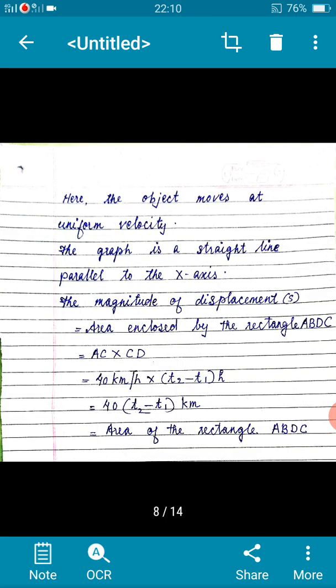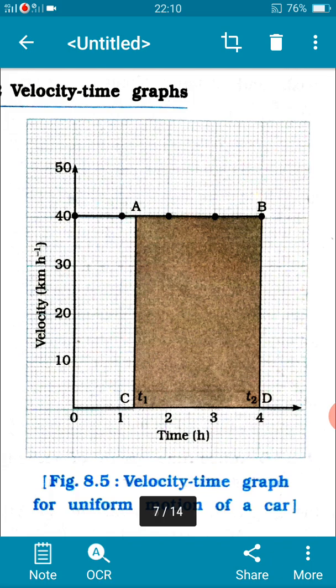Okay. From this, you can see the object, as I told you, is moving with uniform velocity because the velocity is not changing, it's remaining at 40 only. And we have seen that the graph is a straight line parallel to the x-axis. Now, the area enclosed by the graph, what is the shape of the figure?